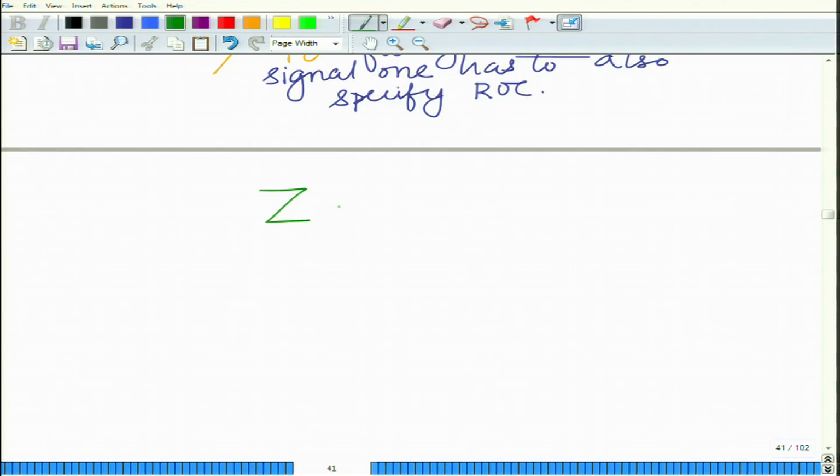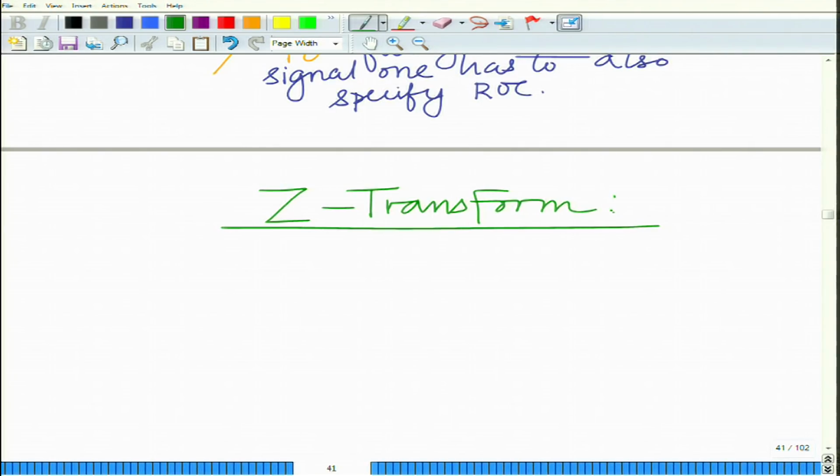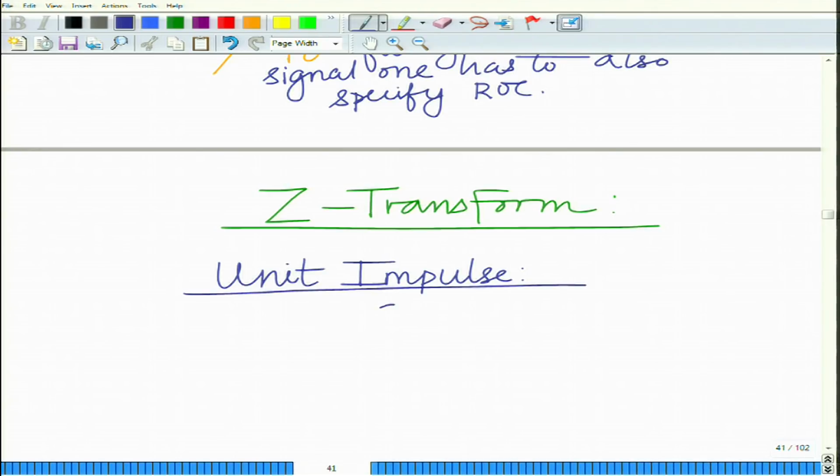Z transform. Let us start with the most fundamental signal, which is the unit impulse, also the discrete impulse, the Kronecker delta, which is equal to 1 if n equals 0 and 0 if n is not equal to 0.